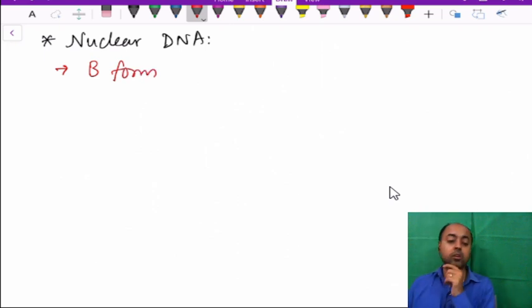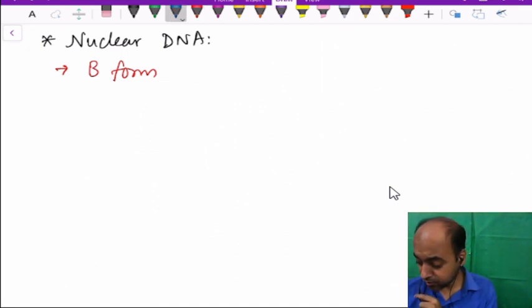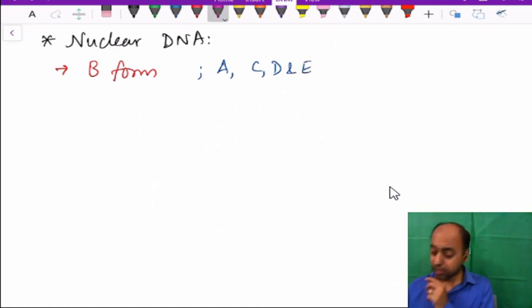Besides the B form, the different forms which may be seen are the A form, the C, D, and E form. But the second most common form after the B form is the Z form.